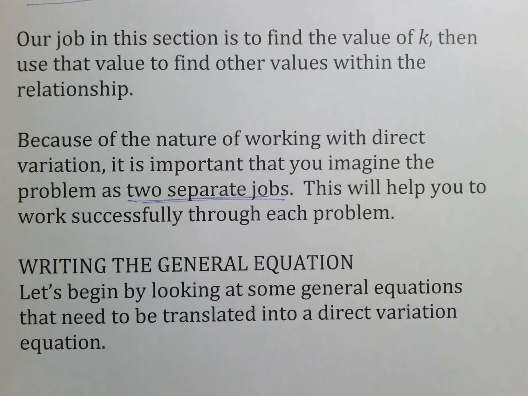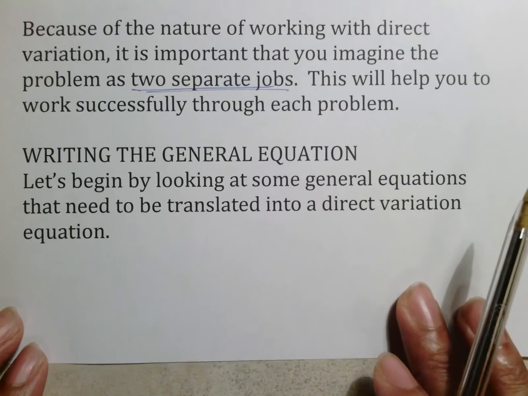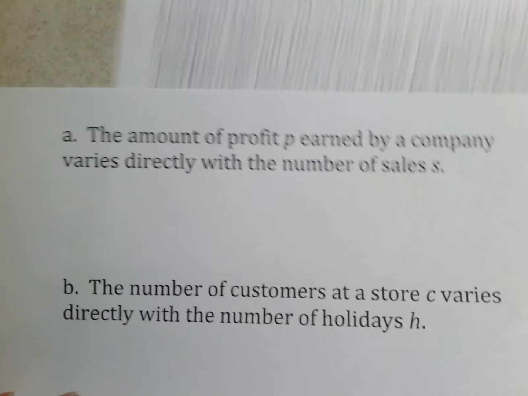You're going to plug numbers in where they should not be, and you're not going to get it right. The moment you accept that this one process is two separate jobs, it will help you to work successfully through each problem, and it actually makes it a very simple problem once you understand how the process works. So let's begin by just looking at some general equations that we're going to translate into a direct variation equation.